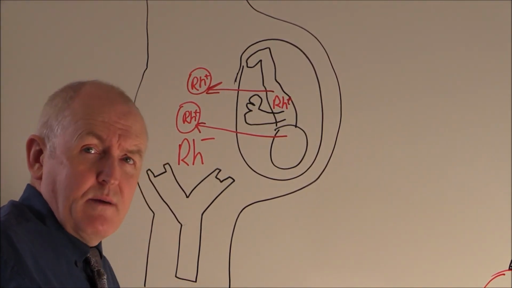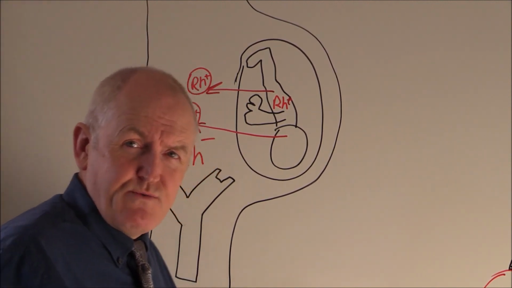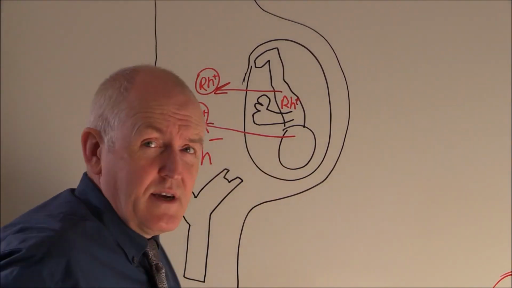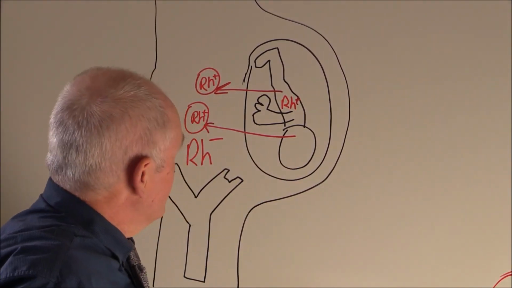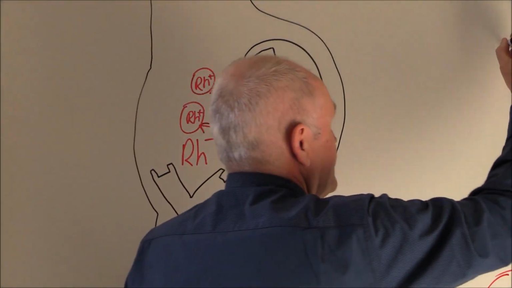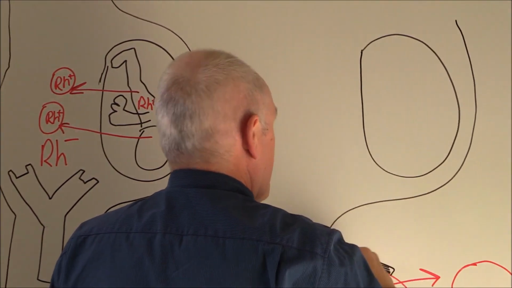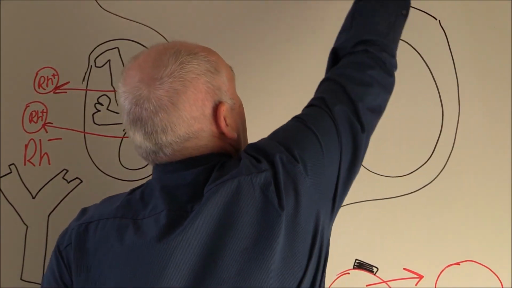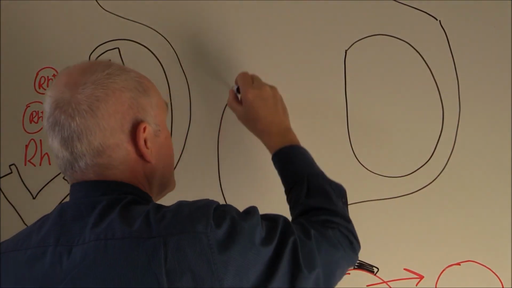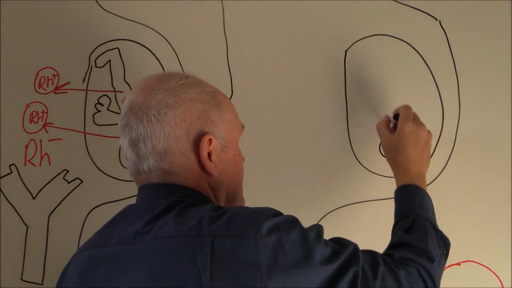But the mother can become pregnant a second time. And again, it's likely with the rhesus positive father that another rhesus positive infant is going to result, another rhesus positive fetus. So here we have the uterus a second time. Here's mum. Here's the fetus in here now inside the mother. So now we have the second child.